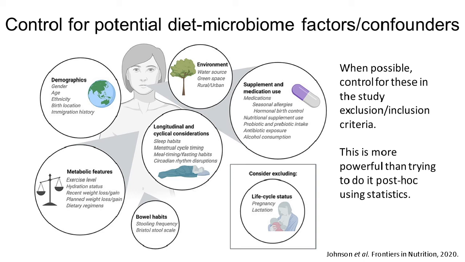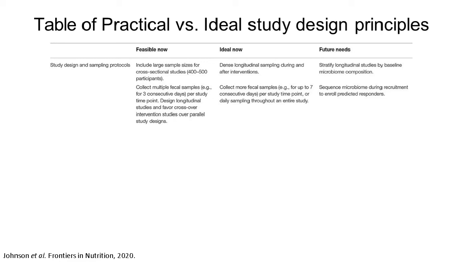So if you can just exclude people who have certain confounding exposures, that will be a much more powerful study than if you include people with those confounders and then try to regress them out after the fact using statistics. Even though I'm a data scientist, I'd rather solve things upstream of the statistics. That's a more powerful way. And so, that's just a little bit of a list. You can look at it in the paper if you want to dig in more.